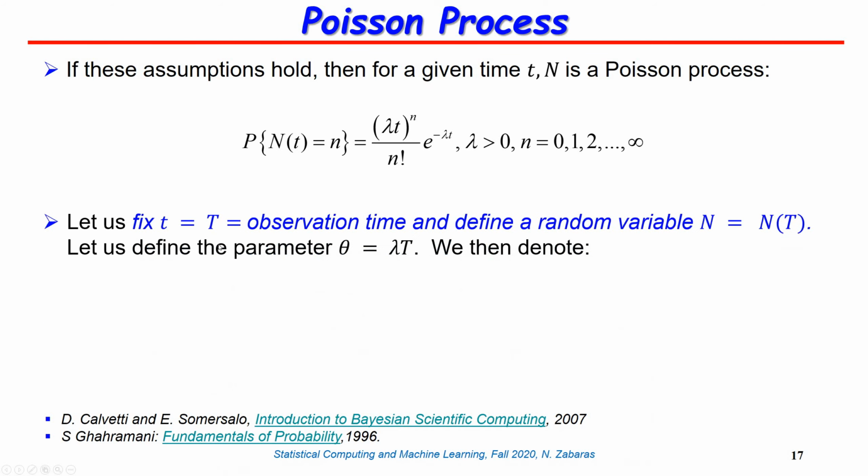I'm going to fix the time t and call this time capital T, and I'm always going to be observing the number of events happening in that time interval from 0 to capital T. Because I only have one time, I am going to call lambda times capital T theta, and that becomes my new parameter. So in this case, the PDF for the Poisson distribution takes a very simple form that you see on the bottom: theta to the power n divided by n factorial, times e to the minus theta.